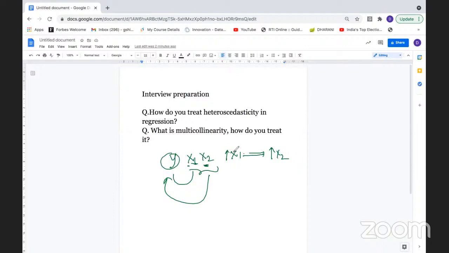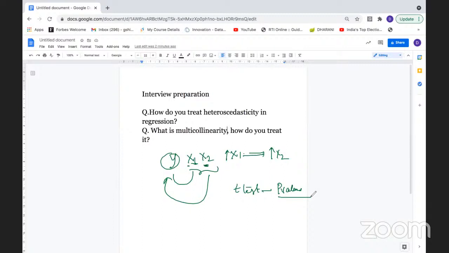Another way you look at the multicollinearity problem is the individual t test. The individual t test values will give you your p values, and whatever p value you are getting could be misleading. It's not up to the mark.